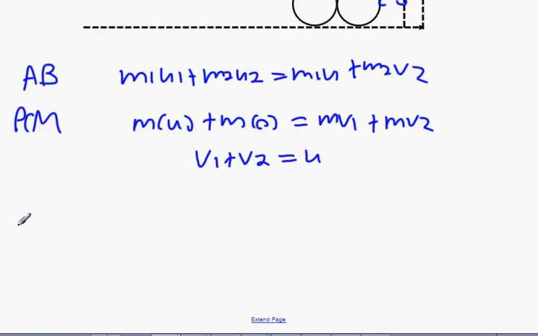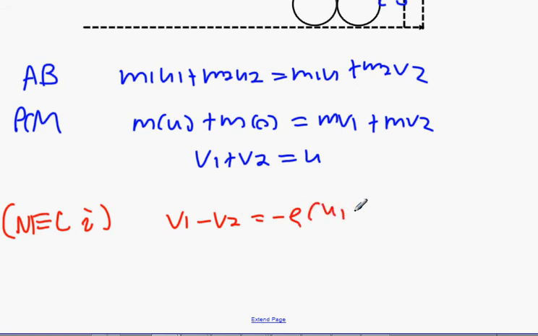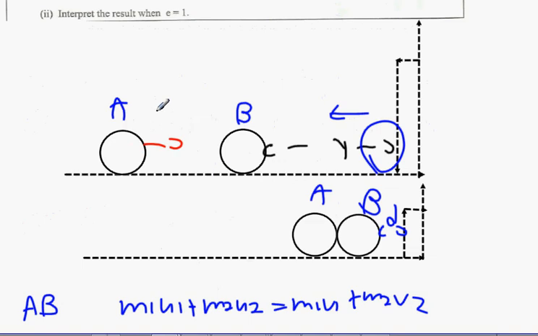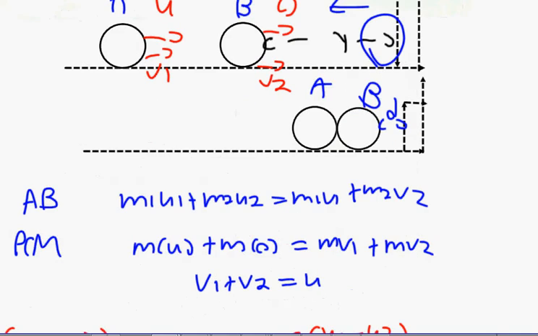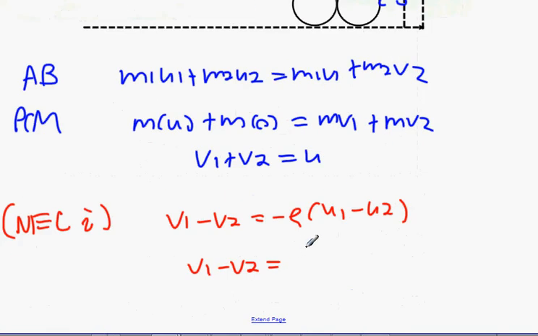Next thing we're going to do is try Newton's experimental law along the y-axis. We're going to get V1 minus V2 equals minus E into U1 minus U2. We know that U1 is U because it's moving at U and the other one's moving at 0. Then after collision it's moving at V1, that one's moving at V2. So it's going to be minus EU.